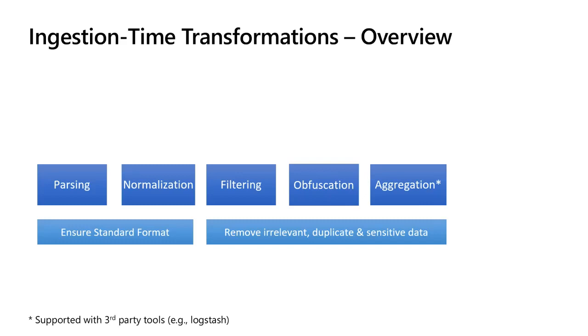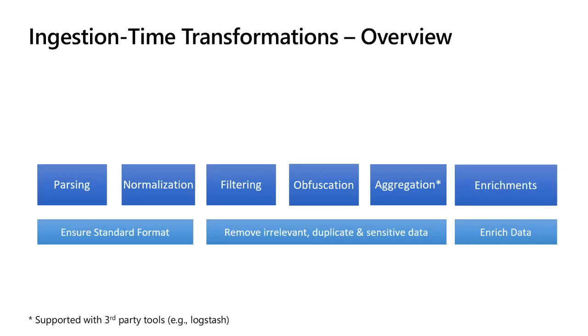We want to aggregate that data as much as possible, still have the context of what the specific message was, but without those duplications. That can also be accomplished with this ingestion transformation, but supported by third-party tools, like for example Logstash. And we'll touch on this as well later. And the last use case that we wanted to mention is the enrichment of data, being able to add additional context to the different records that arrive into our Sentinel workspace.